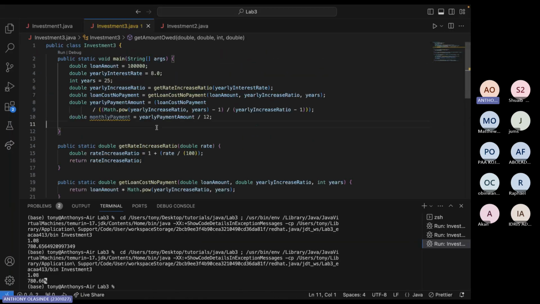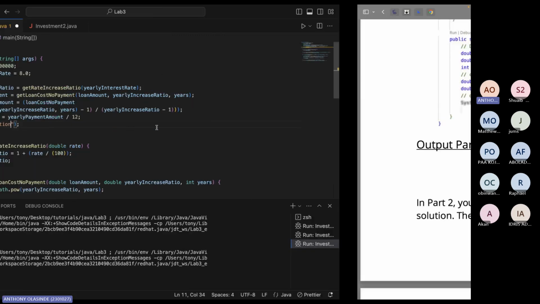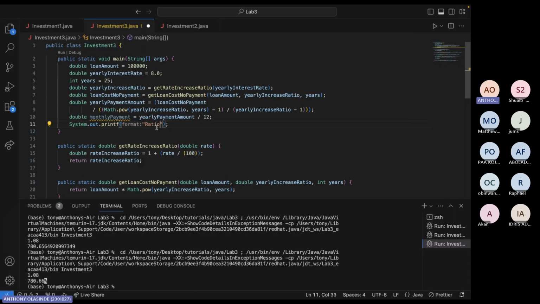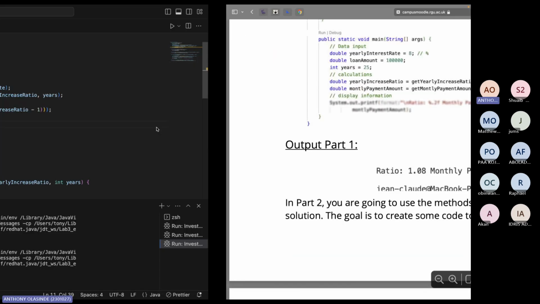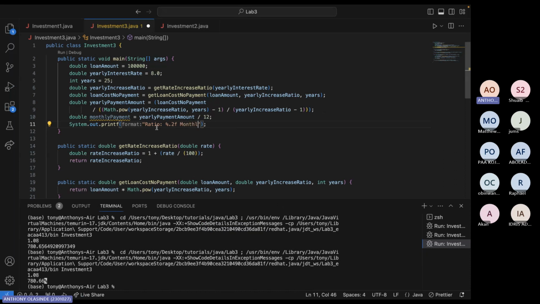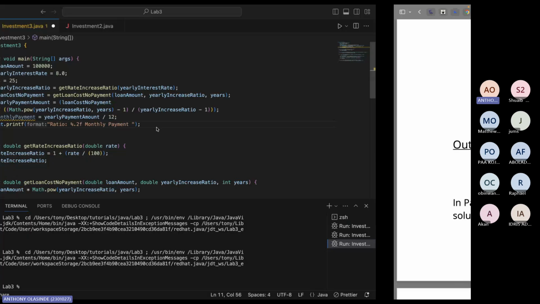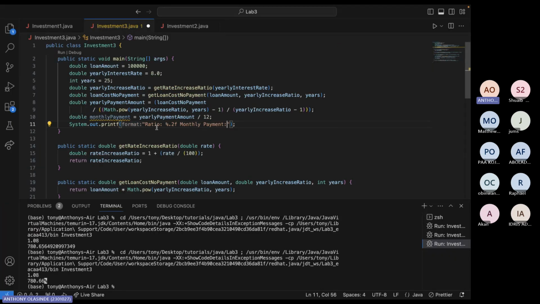So we can come back and say System.out.printf, ratio is %.1f, and monthly payment is %.2f.